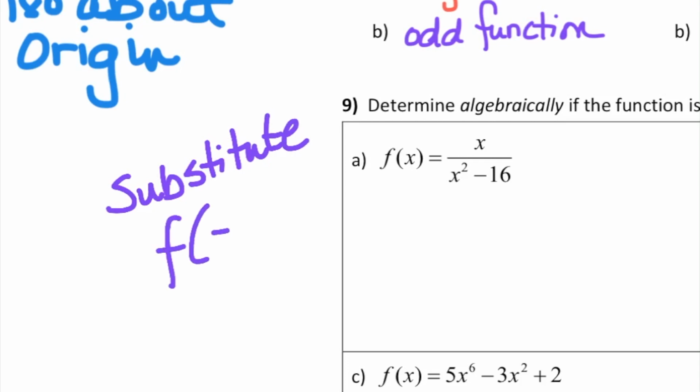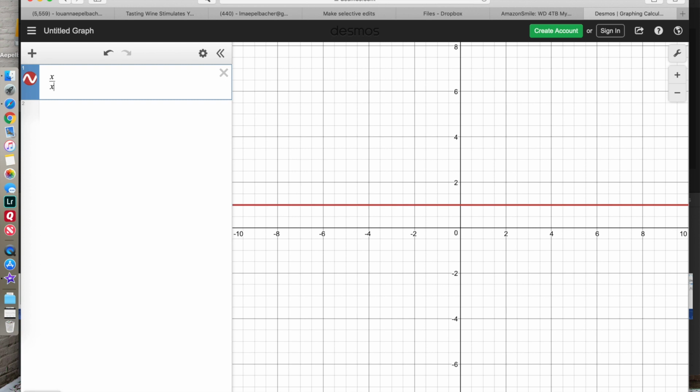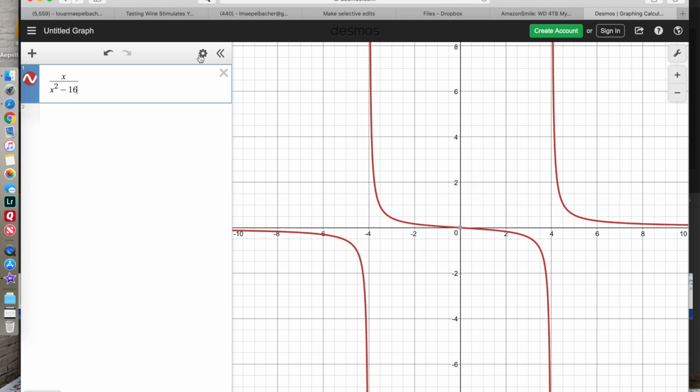So you're going to compute f of negative x. For 9a, we want to just visually inspect the graph to see if it looks like it has y-axis symmetry or point symmetry about the origin, or if it doesn't have either of those symmetries that we're looking for in even or odd functions. So number 9a is x over x squared minus 16.